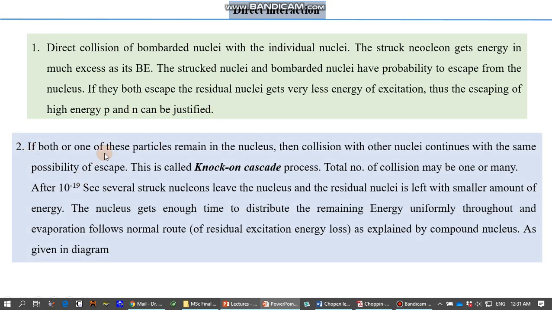The second step is if both of these particles remain in the nucleus. For example, we are bombarding a nucleus with a particle, and that particle gets absorbed inside the nucleus. Now what happens? The collision with other nucleons also gets a chance, and this possibility of collision with other nucleons initiates a process called knock-on cascade.